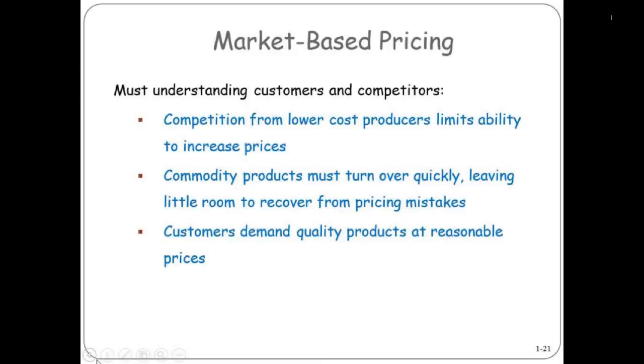So if you're going to do market-based pricing, you need to understand customers and competitors. You have to understand your competition from other producers. If you have commodity products, it's all about getting them out the door, so you need to be very careful with your pricing.